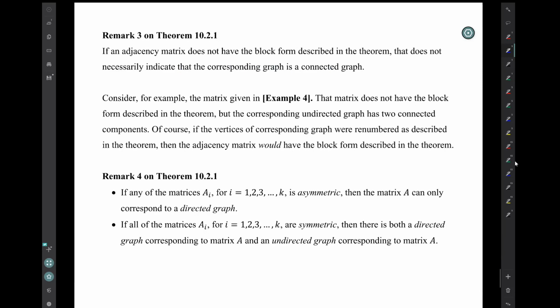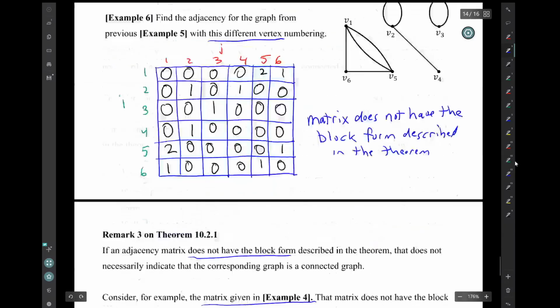So there's a remark in order then. If an adjacency matrix does not have the block form described in the theorem, that does not necessarily indicate that the corresponding graph is a connected graph. So for example, let's go back and look at the matrix given in example 4.